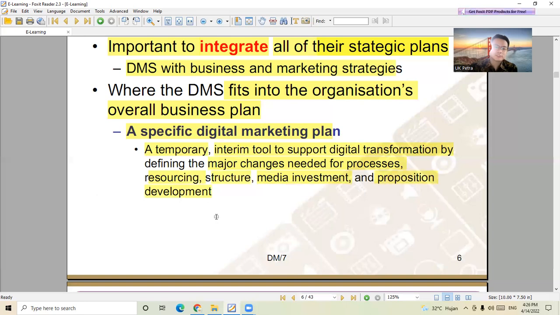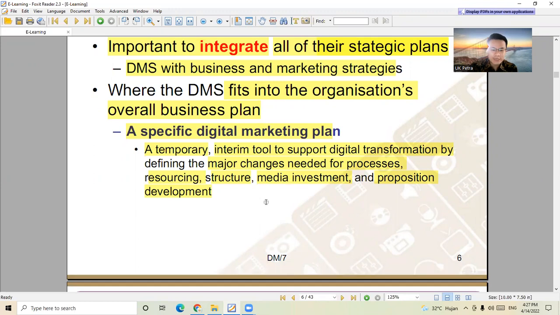So in other words, the digital marketing plan is like the operationalization of the strategy so that we can conduct our digital marketing more appropriately, more accurately, and according to the purpose of the organizations.